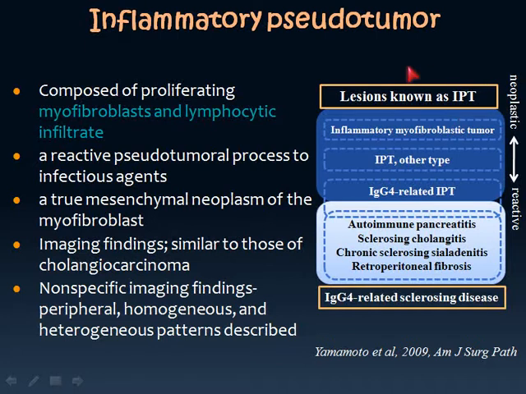As you can see on this diagram, there is an overlap between inflammatory pseudotumor, inflammatory myofibroblastic tumor, and IgG4-related sclerosing disease, such as autoimmune pancreatitis, retroperitoneal fibrosis. Imaging finding is non-specific. However, some of the inflammatory pseudotumor looks like cholangiocarcinoma.